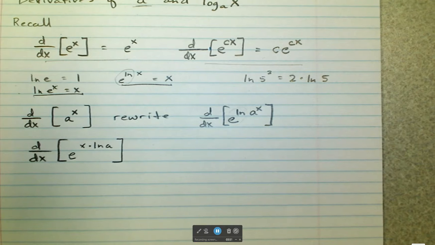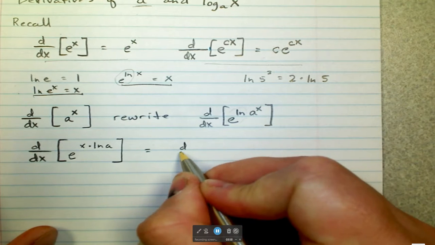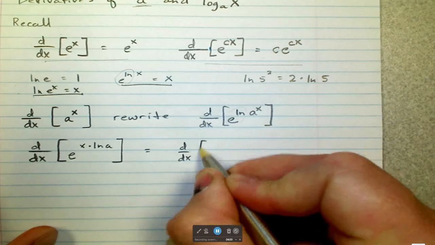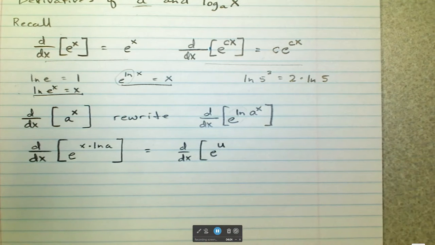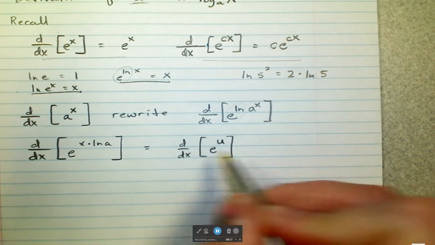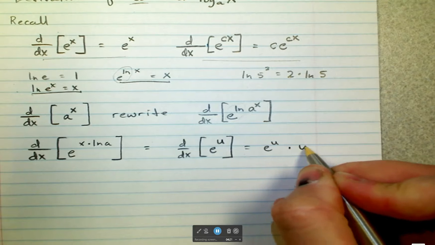Now, this derivative can be rewritten as the derivative of e to the u. And what is the derivative of e to the u? It's e to the u times u prime.